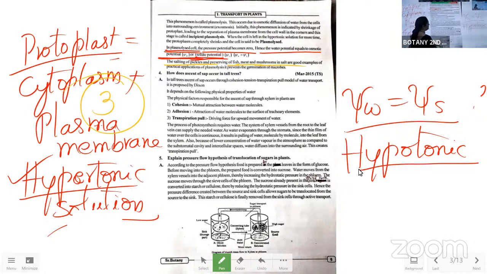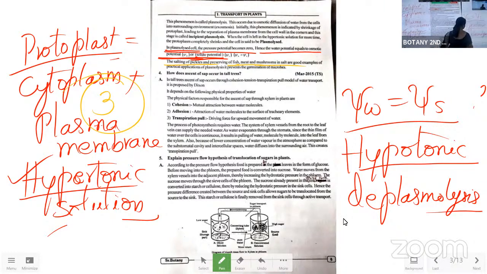That is, once we kept the plasmolyzed cell in the hypotonic solution, that is the normal water, then where water potential is more than the plasmolyzed cell, the water will be traveling from the outside into the cell. Then the cell becomes turgid again. That is the deplasmolysis occurs. Deplasmolysis occurs.